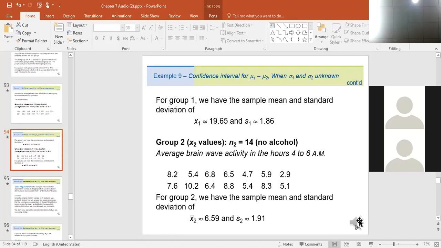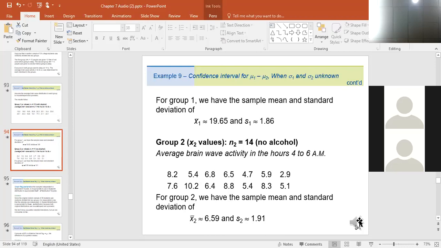Pardon? Yes. So you go to Stat, go back to Tests, choose 2. It's not test, it's interval. When you go down, no, you are using test instead of interval.